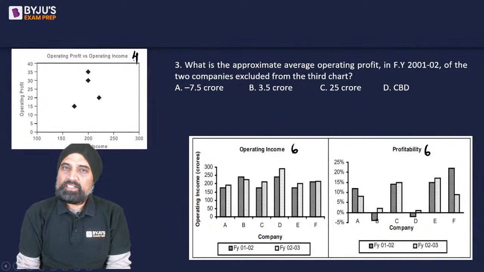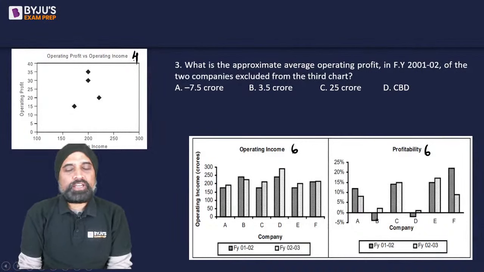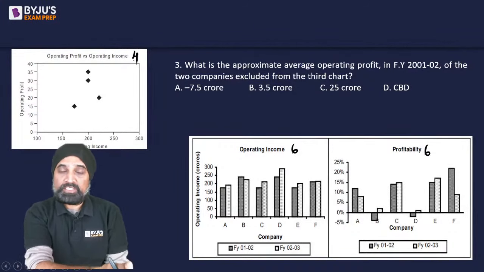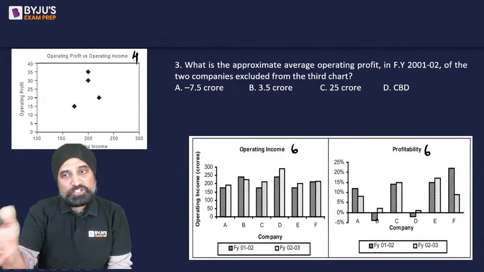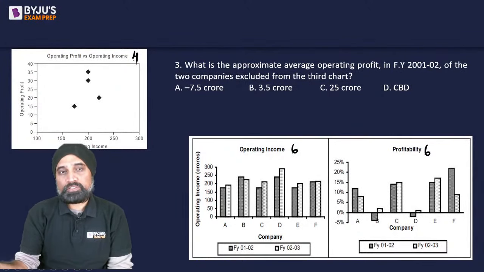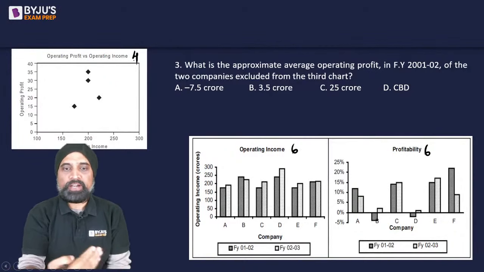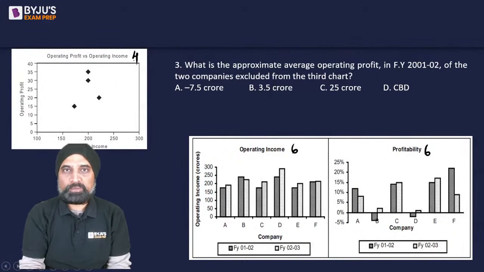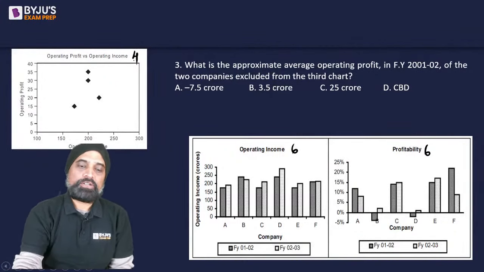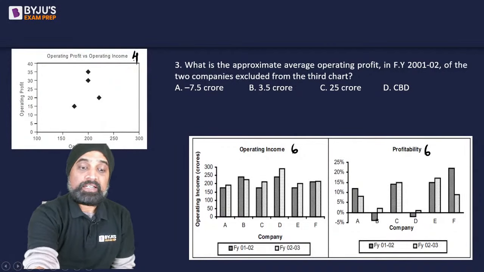So for that, don't you think we need to first of all find out which companies these 4 diamond shapes in the second chart, the one drawn on the left, represent from the 2 charts? Since the relation is between operating income and operating profit, we will be able to figure it out, right? Okay. So let's start.